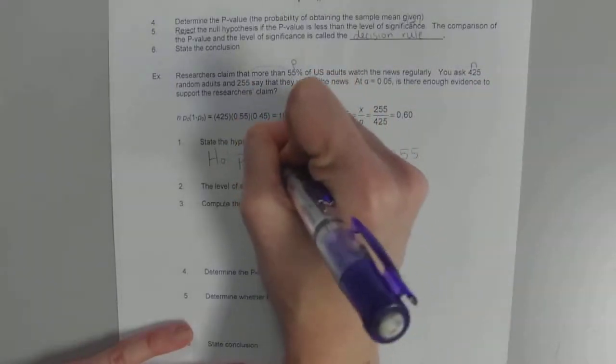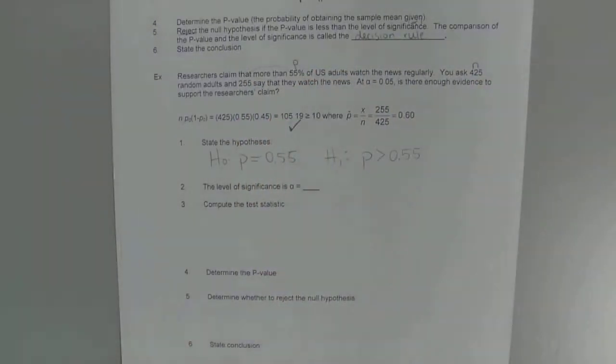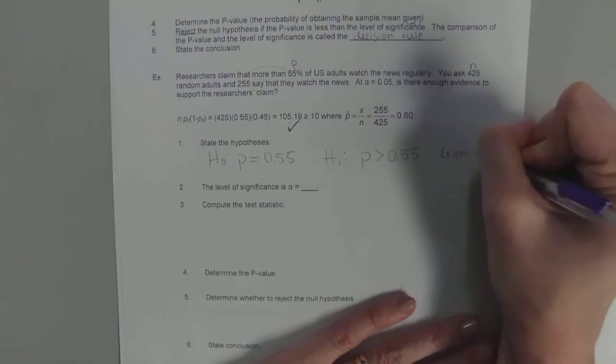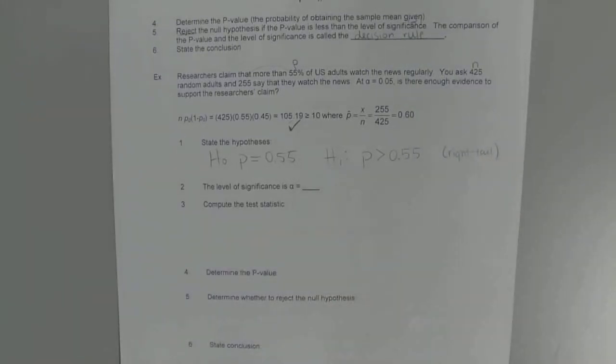So that means somewhere out there someone thought it was 55%. So this is what type of test? Right tail. The reason I'm making note of that is when we go to find our probability, we're looking at the right tail, so we're going to subtract from 1 or use the symmetry rule. If you don't do that on a test, that's fine. I'm just making a mental note. Okay, we're going to be in the right tail.